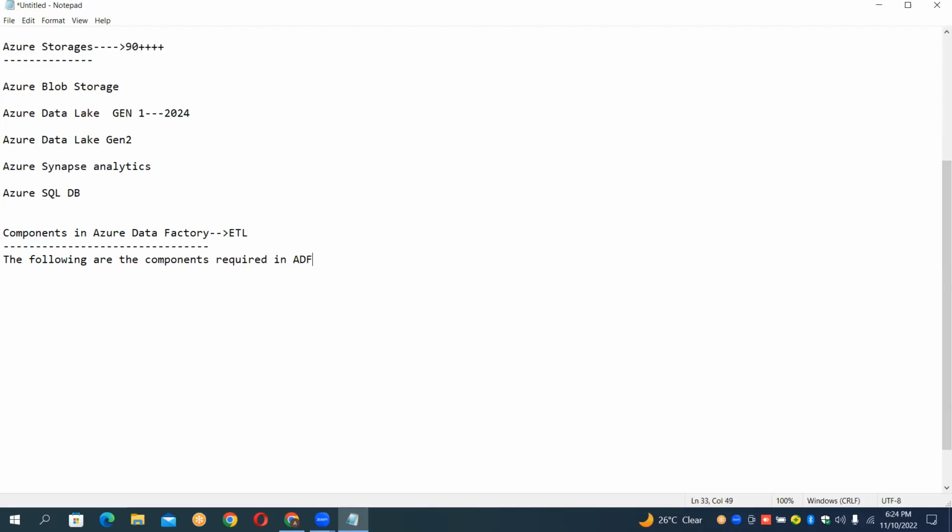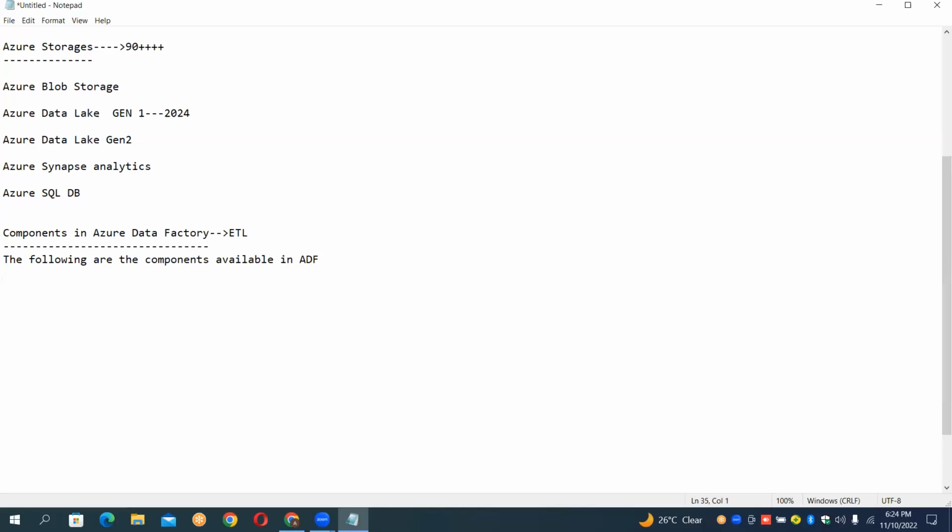Bharat, just check. Can you see the following are the components required? The following are the components available in ADF, that is Azure Data Factory.